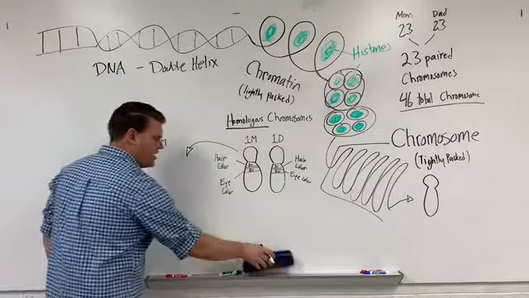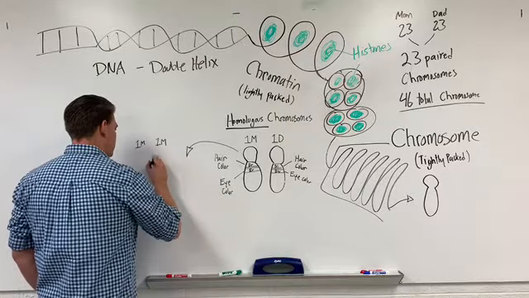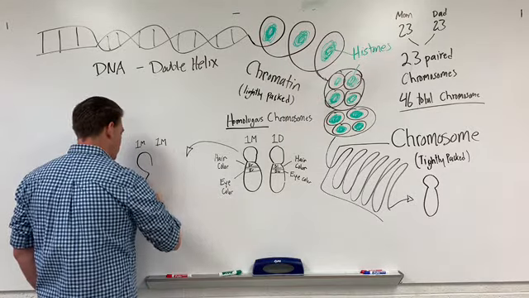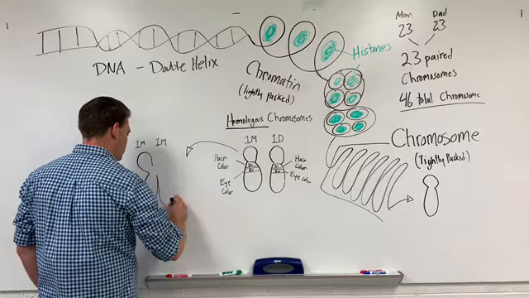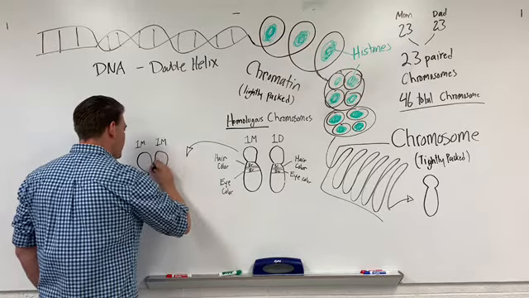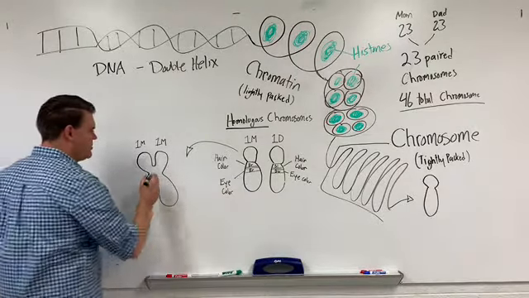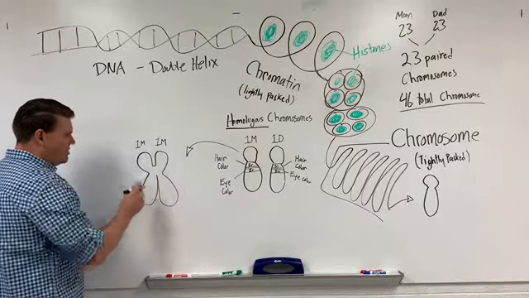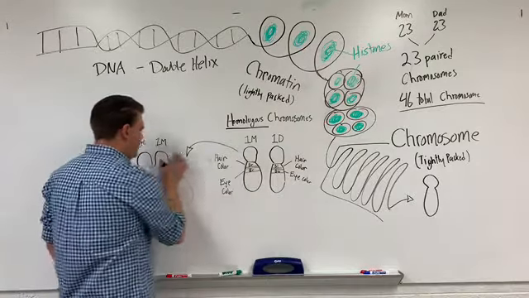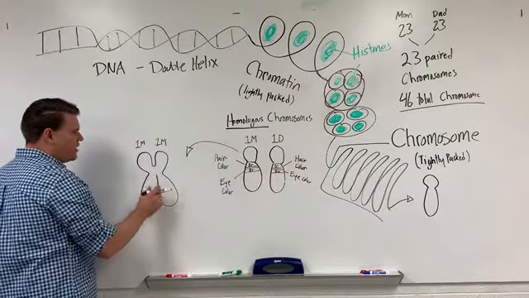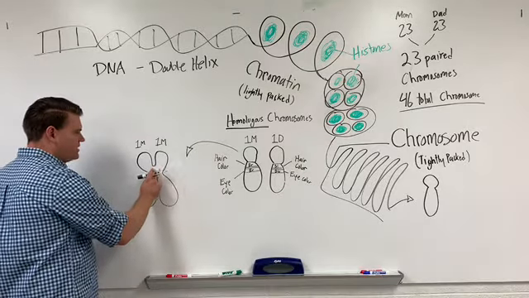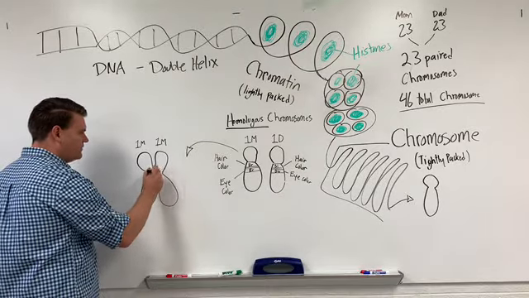Oh, I did that wrong. When we make a copy of a chromosome, we keep them together. So we still have these two individual ones here, but they're connected together right here.